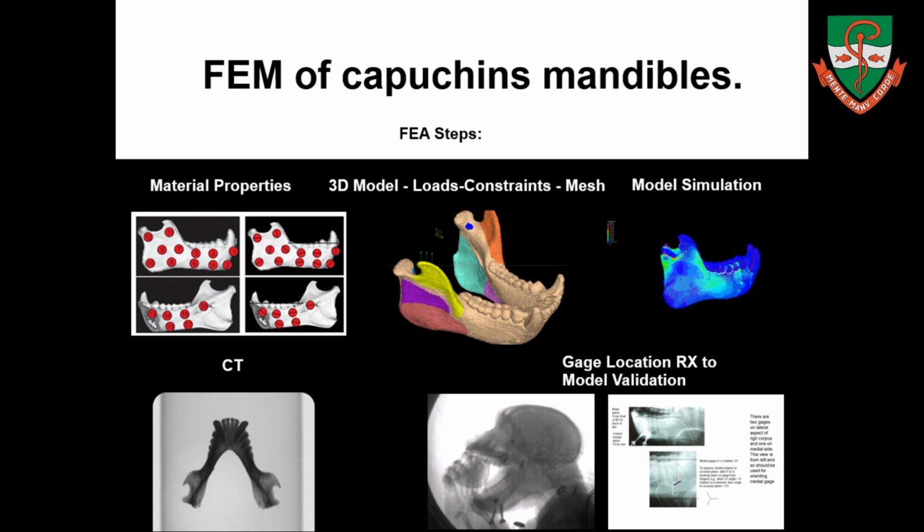So the next step was to make the simulations of the model. Here is just an example, the model after being solved. What was new for me was that after solving the model, we try to match the model with in vivo analysis, like here, and I will show you in the next steps.